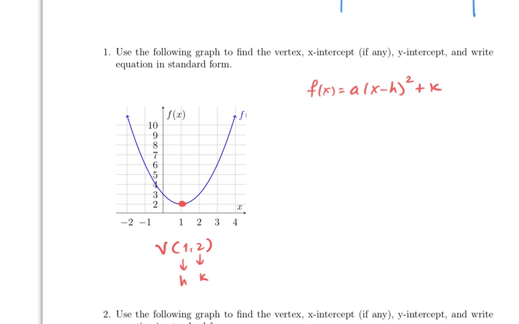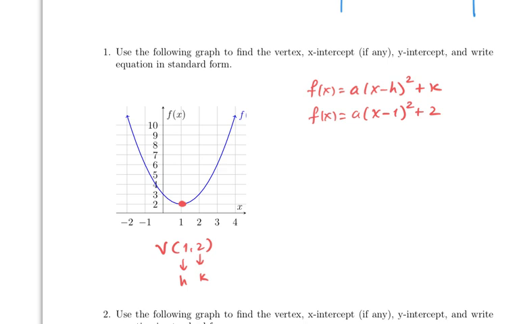You already know h and k from here. The only thing you need to figure out is a. If we plug this into the equation, this will be x minus 1 squared plus 2. Why minus 1? Because the value for h is 1, and the value for k is 2. So the only thing you still need is the value for a.